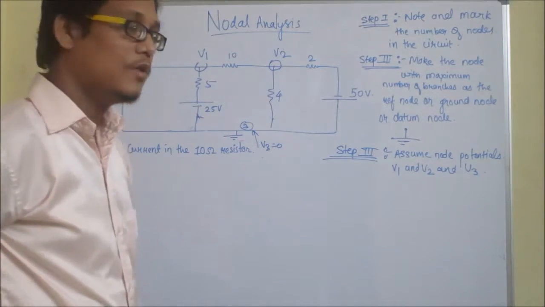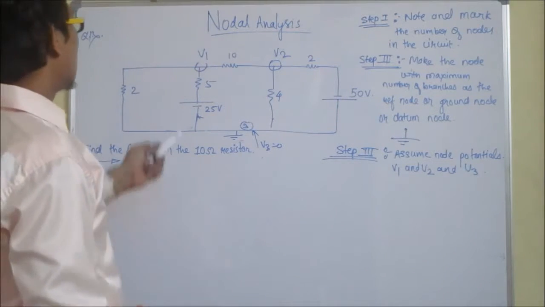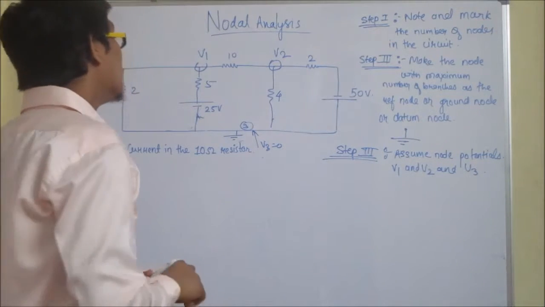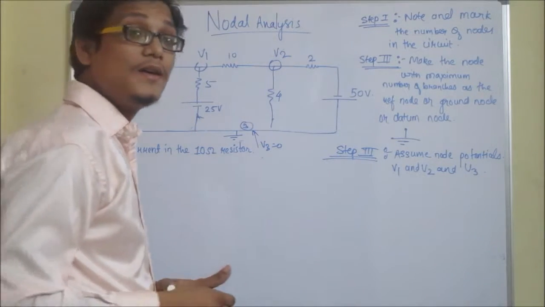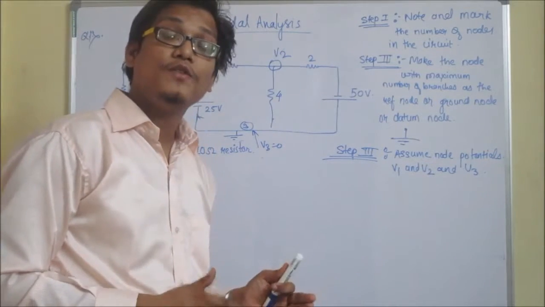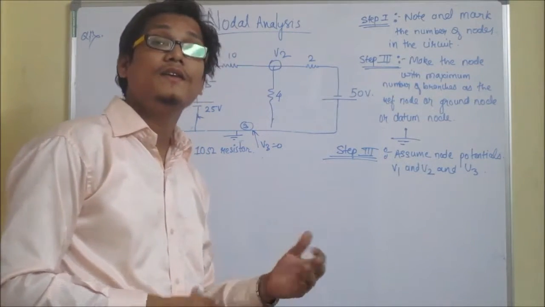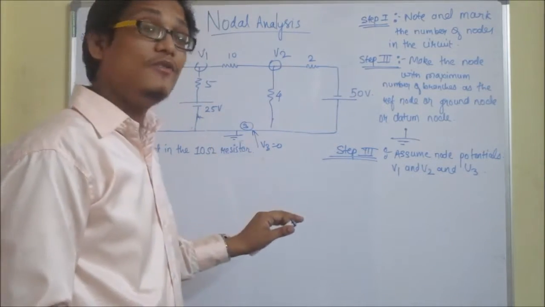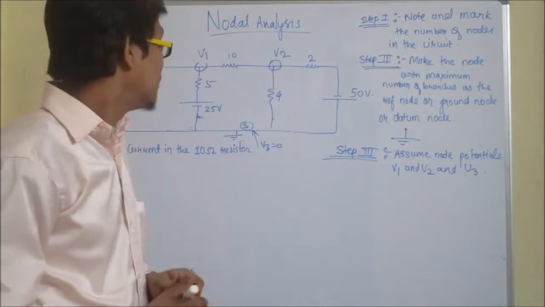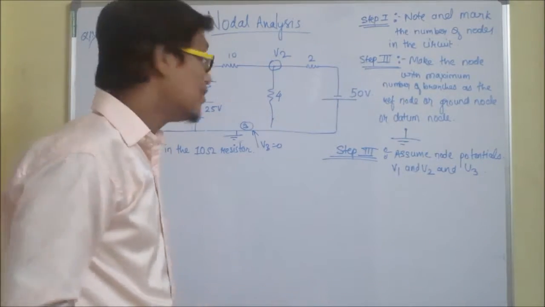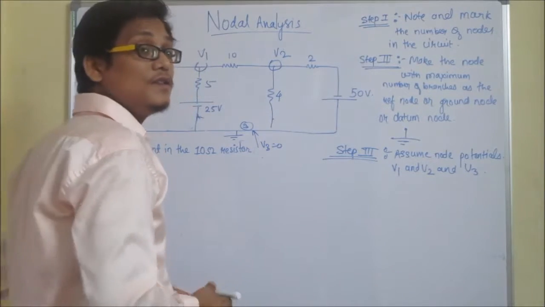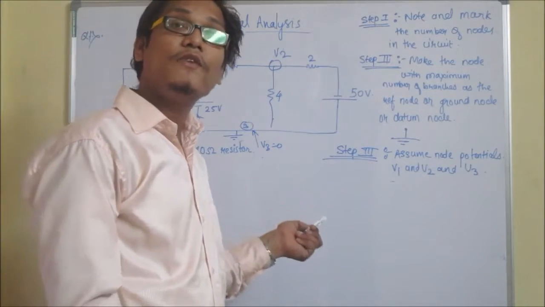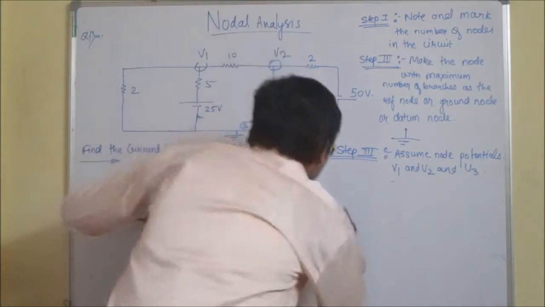Now what are we going to do? We are going to find V1 and V2. Earlier in mesh analysis, to find I1, I2 and I3 we applied KVL. Now, to find V1 and V2, we will apply KCL, that is Kirchhoff's current law. Step 4 is to find V1 and V2 by applying KCL.